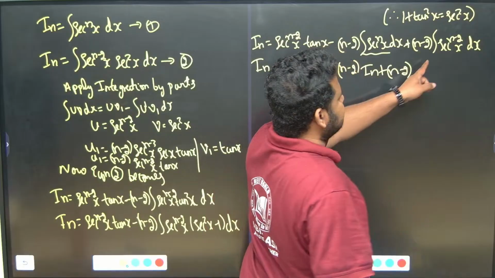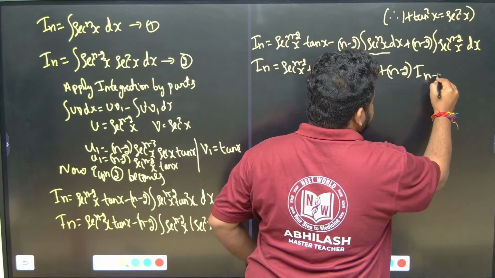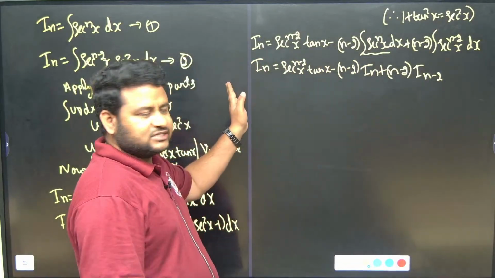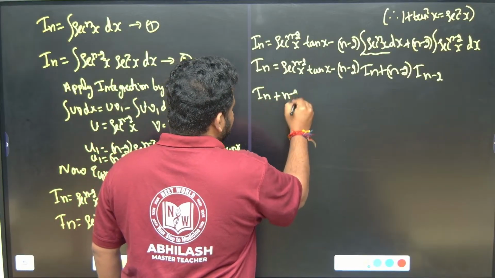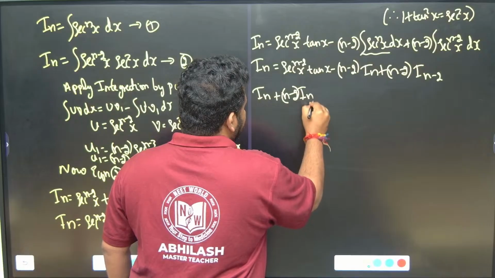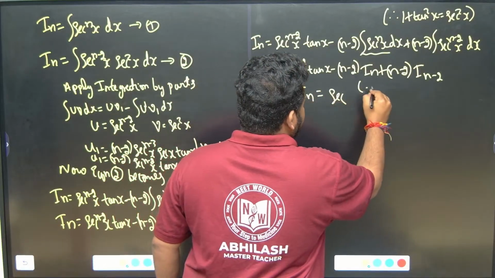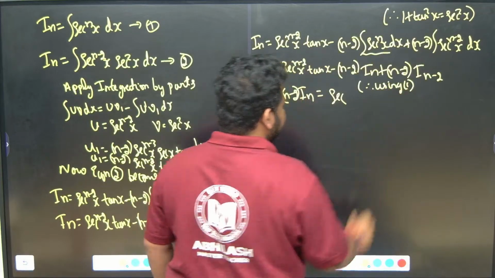Integral of secant n minus 2 dx is nothing but I of n minus 2, I n minus 2. Now this In I can bring to LHS. So what I will be having? In plus n minus 2 In is equal to, therefore using equation 1.